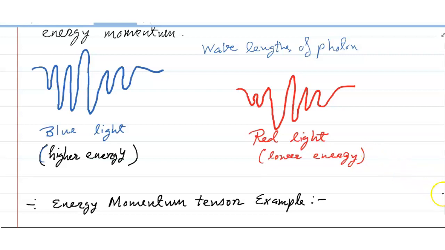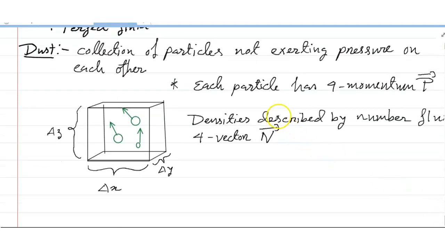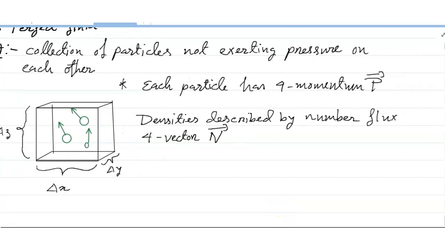Example of energy momentum tensor: the dust and perfect fluid. Dust is a collection of particles not exerting pressure on each other. Each particle has four-momentum p, and densities are described by number flux four-vector n.